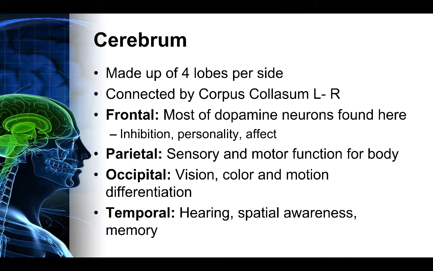The frontal region is located in the front of the brain, and so most of our dopamine neurons are located there. Remember, dopamine is created in one area, the midbrain, in the connection to the rest of our cerebral cortex. Here's where we find a lot of our personality, our behavioral affect, the way that we present ourselves physically in relation to our senses and our emotions.